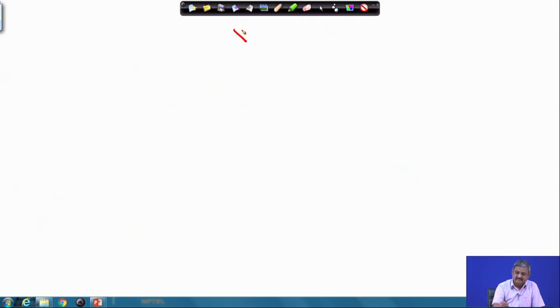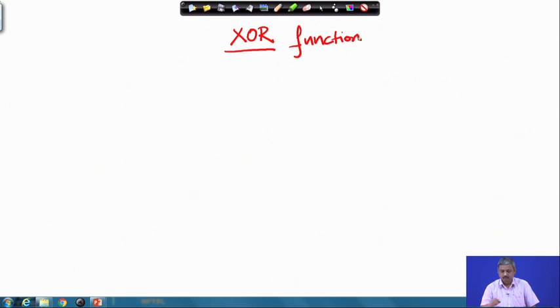Let us look at the XOR gate. Let me write down the truth table.